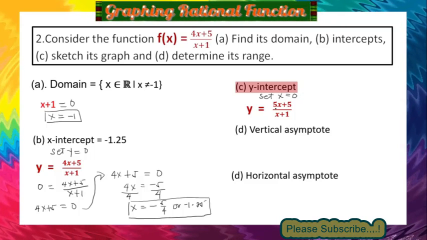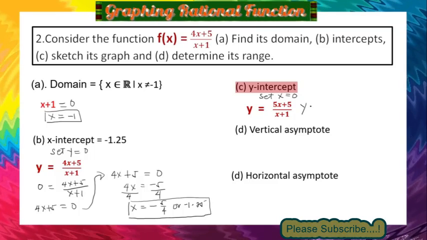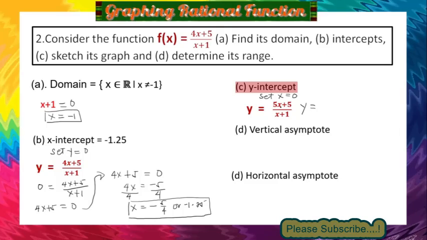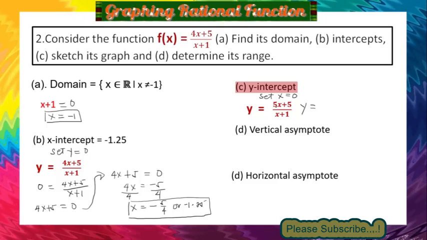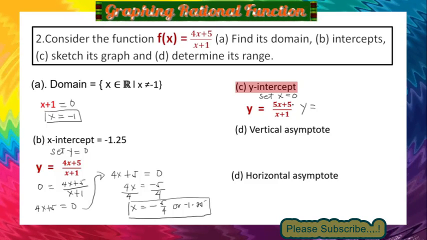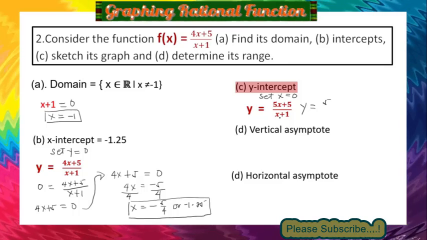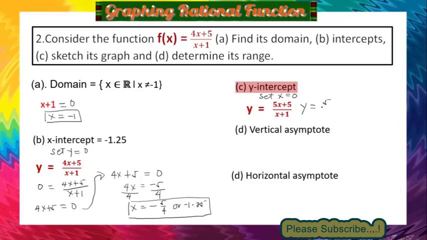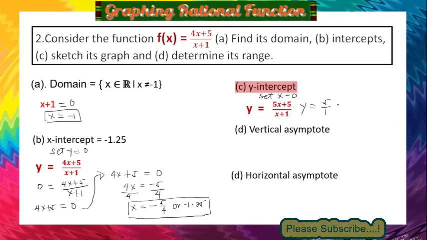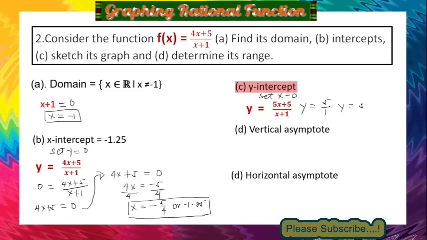So if x is 0, 4 times 0 is 0, plus 5, the result is 5. And 0 plus 1, the result is 1. So the value of our y is equal to 5.